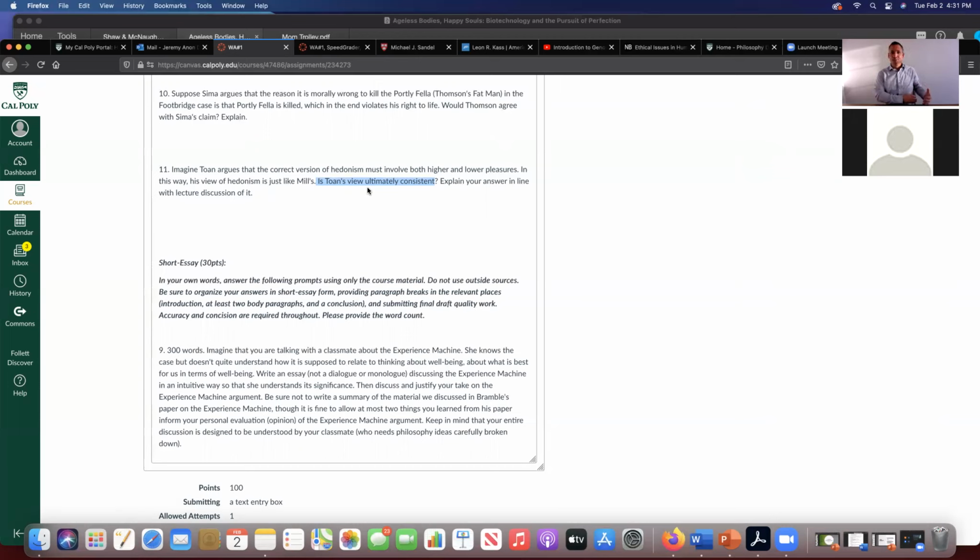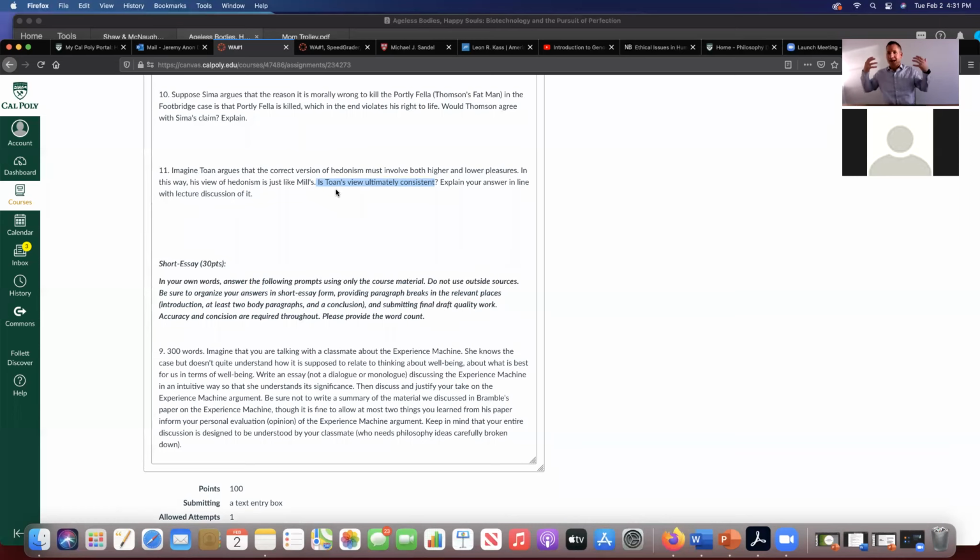Just like you could ask, is Mill's view ultimately consistent? And in lecture, we talked about how Mill's view wasn't consistent. So then here you just have to apply it to Tuan. Tuan's view isn't going to ultimately be consistent because this higher lower pleasure distinction in hedonism ends up refuting hedonism at the end of the day. That's why I explain your answer in my lecture discussion of it.